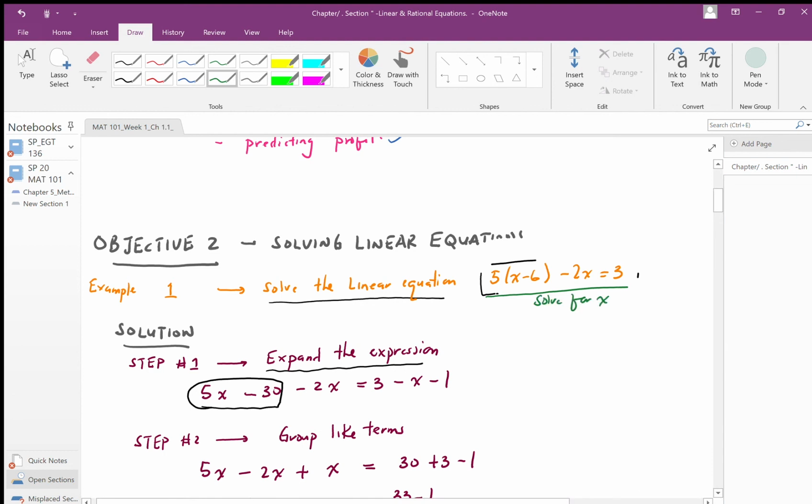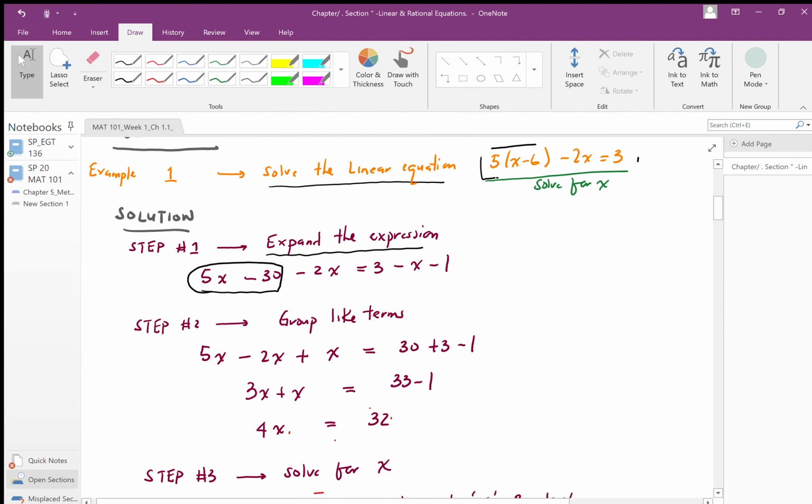Solve for x. And in doing so, our first step is we want to be able to expand the expression. Okay? So, for instance, 5 into x minus 6 minus 2x equals 3. To expand the expression means to get rid of the parentheses, and that's 5x minus 30 minus 2x equals 3, of which you see right here.